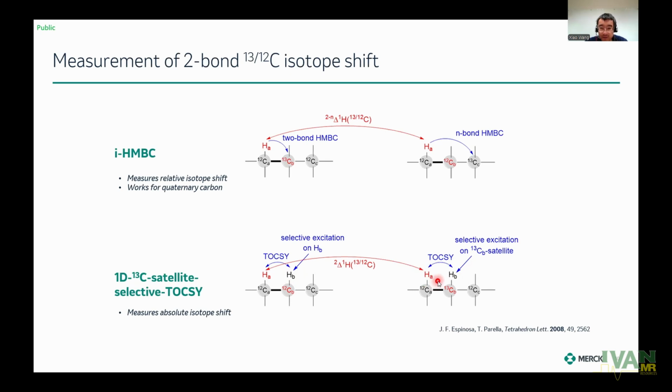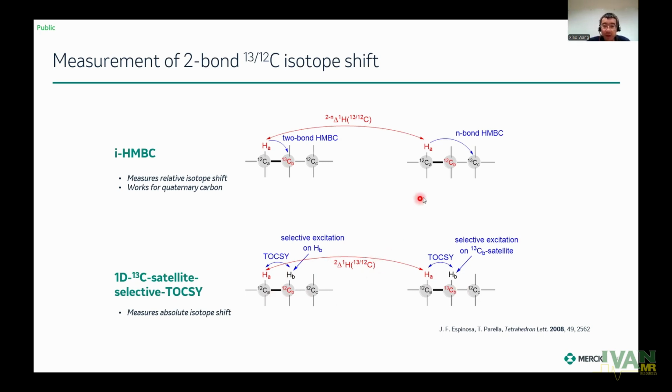This is the chemical shift of the C13-substituted isotopomer, so it will show a 2-bond isotope shift compared with the HA of the all-C12 isotopomer. So what this measures is an absolute isotope shift.